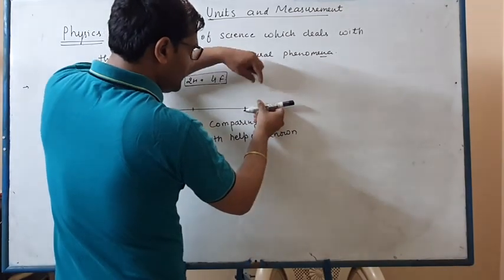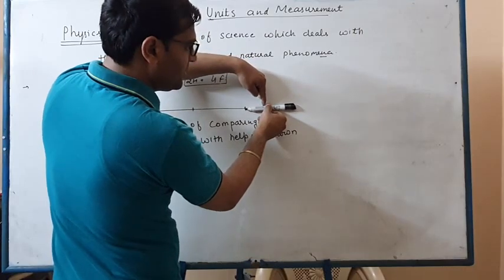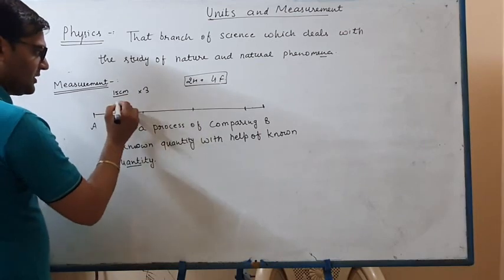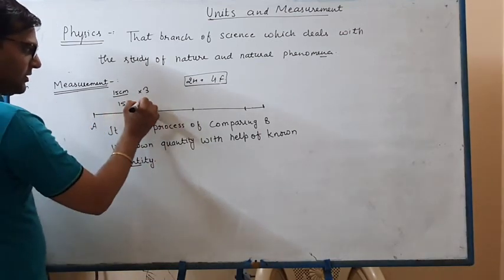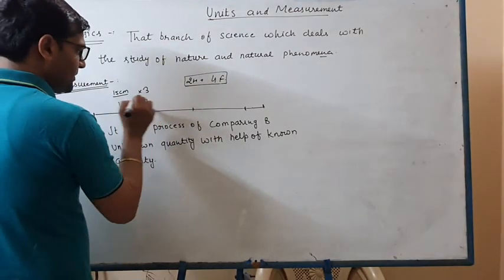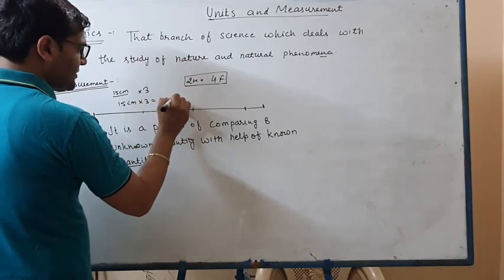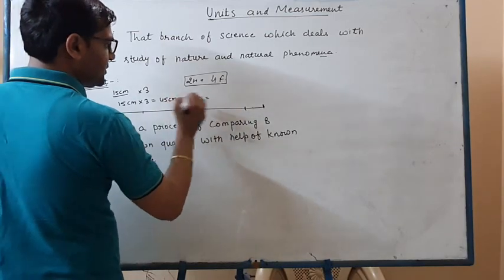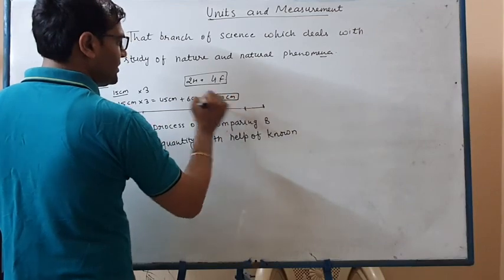Let this value be 6 centimeter. So what is the total length? 15 centimeter, that is the standard value of the scale, into the number of repetitions, 3. That gives us 45 centimeter plus 6 centimeter, so that is 51 centimeter. So this is the length.